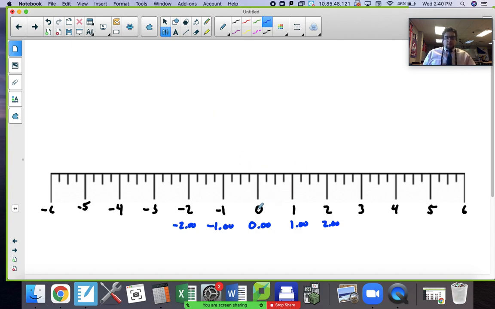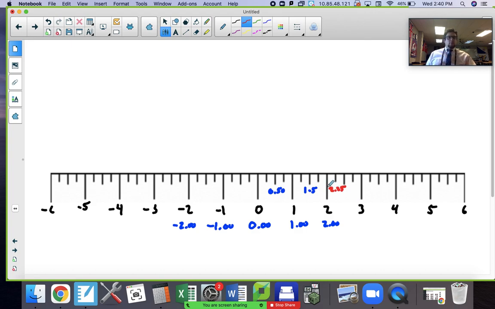But between $0 and $1, we've got 0.5 or 50 cents. Halfway between these, 1.5, 2.5, 3.5, 4.5. And then the little tiny notches that I've included on this number line, this would be like $2.25.